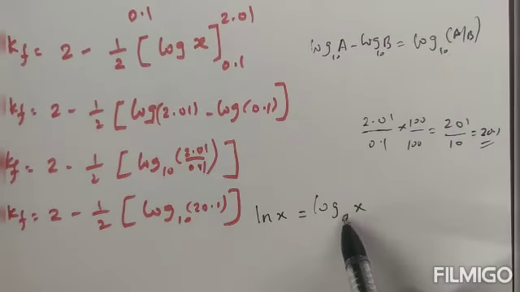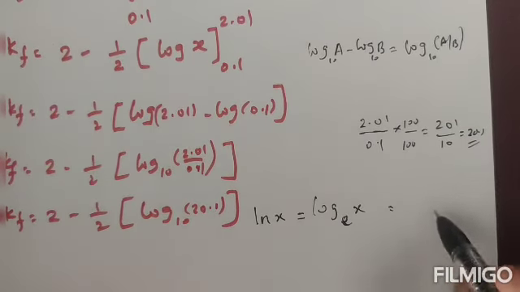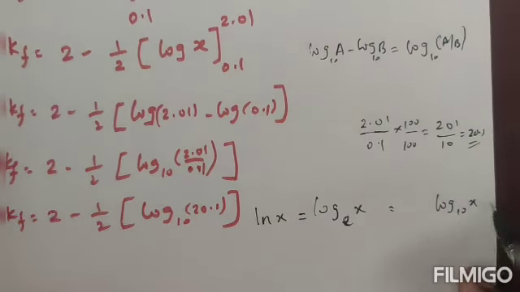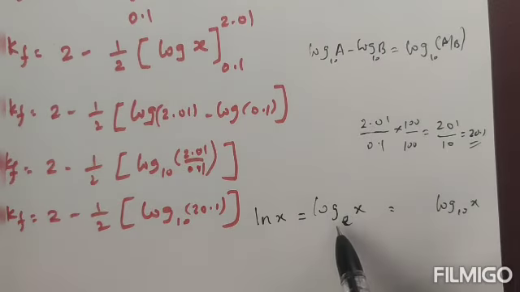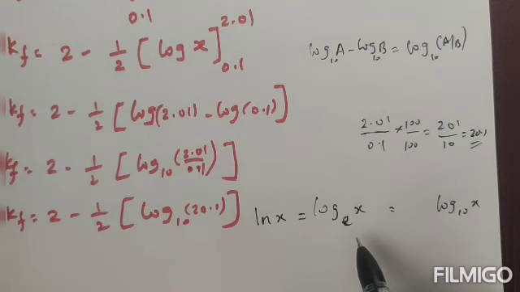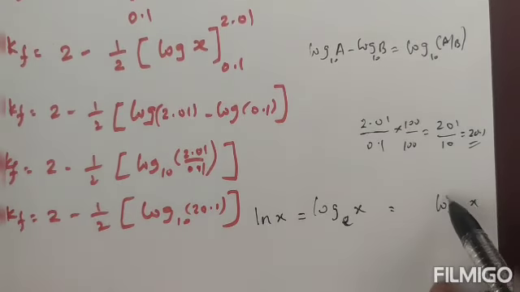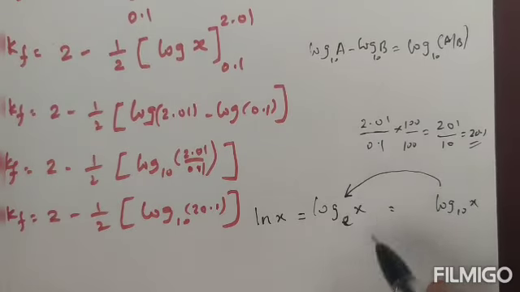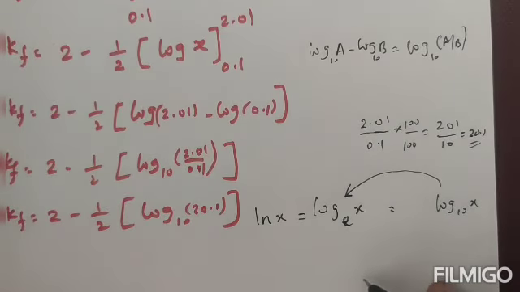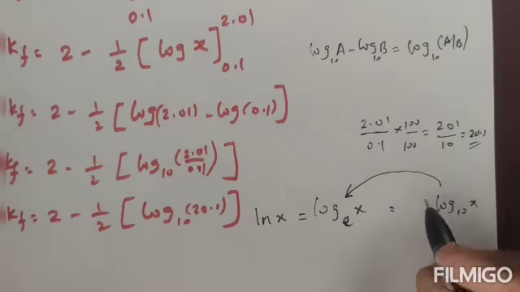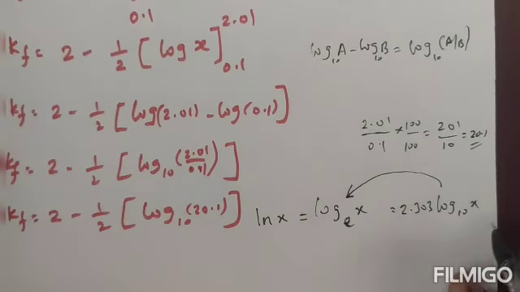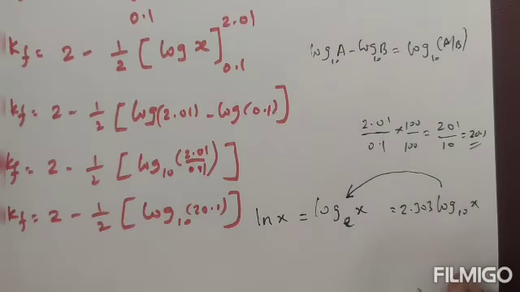Okay, but we found only log base 10 of x, while this question is related with the exponential function. So how to change from log base 10 to log exponential function of x? We want to multiply with 2.303 and log 10 base x.